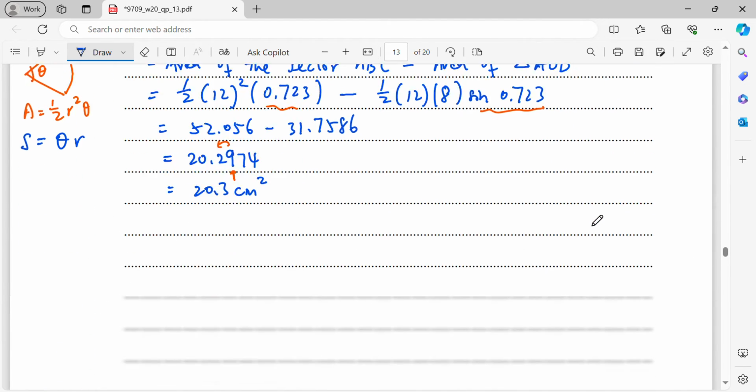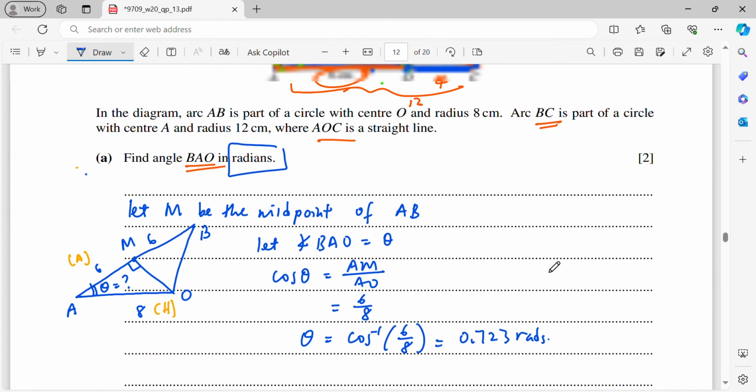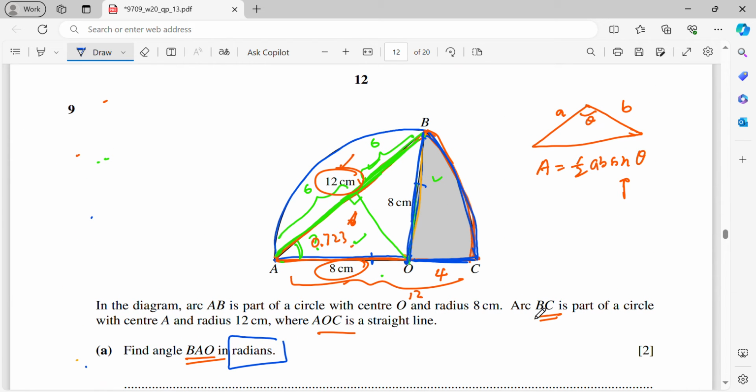So I will write: OC plus OB plus the arc length of sector ABC.